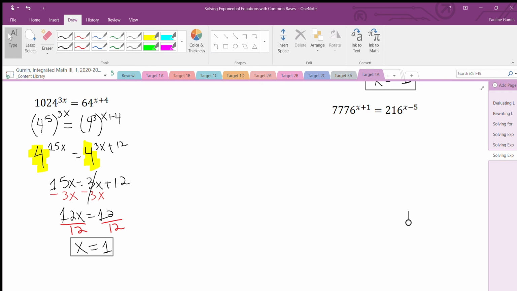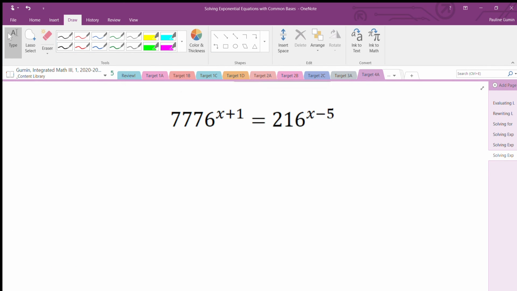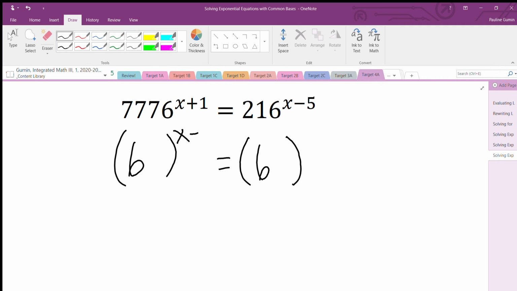Okay, let's do one more with some crazy numbers. Again, I want to make sure you see this so that you know what to do when you get to your Delta Math. All right, we have 7,776 and 216. Their common base is actually 6. 7,776 is 6 to the power of 5, and 216 is 6 to the power of 3.